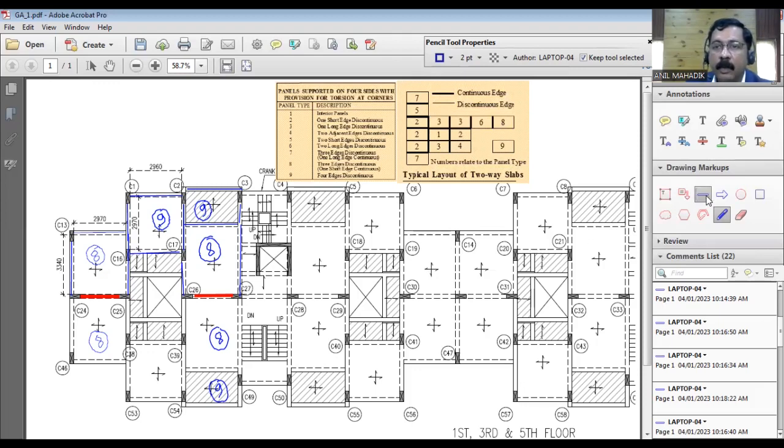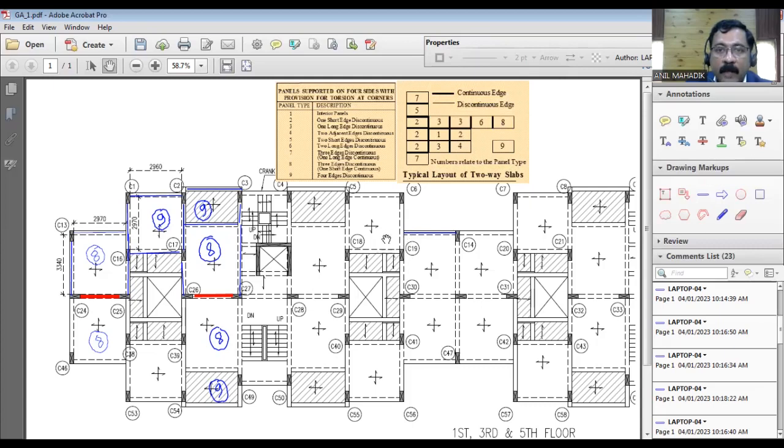Now let's take this example. Let's say this is your short edge and this is your long edge. Short and long edge is important to understand. Even in this picture, this is a short and this is a long edge, and the conditions are based on that. Now, if you consider this slab, there is no slab here, so it is a discontinuous edge.